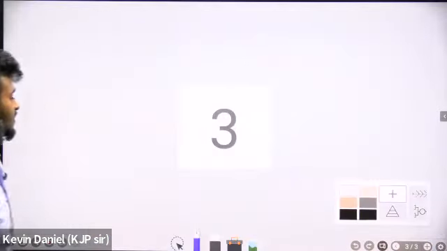So write down the statement. With that, write the statement of conservation of angular momentum.